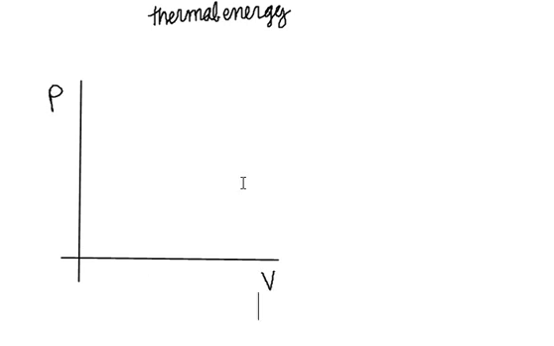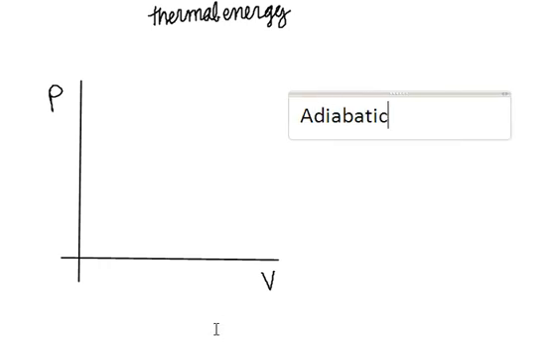Now, our fourth type is adiabatic. An adiabat is what they're called, the curve that makes up the adiabatic process. You have pressure and volume, and hopefully I won't misspell it here, adiabatic. Is that right?